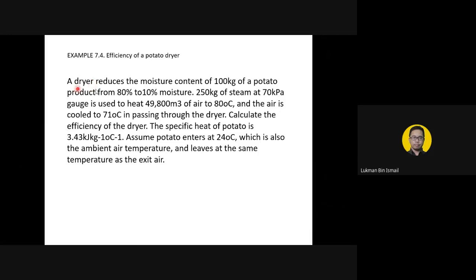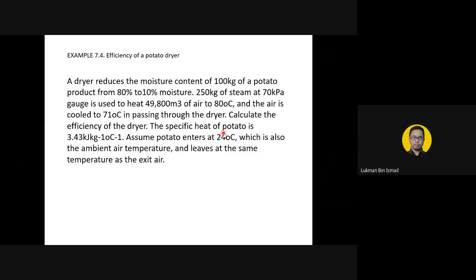A dryer reduces the moisture content of 100 kilogram of potato product from 80% to 10% moisture. 250 kilogram of steam at 70 kilopascal gauge is used to heat 49,800 meter cubed of air to 80 degrees Celsius, and the air is cooled to 71 degrees Celsius in passing through the dryer. You are required to calculate the efficiency of the dryer.